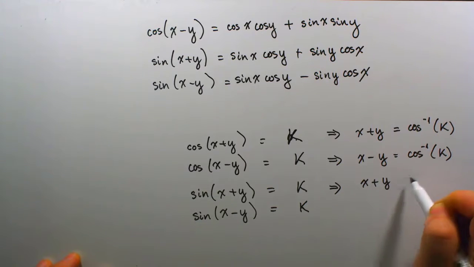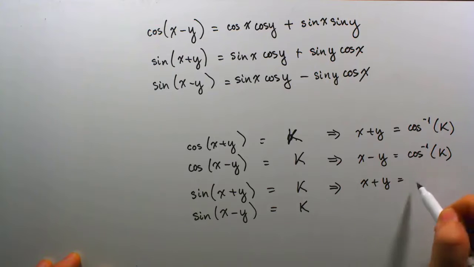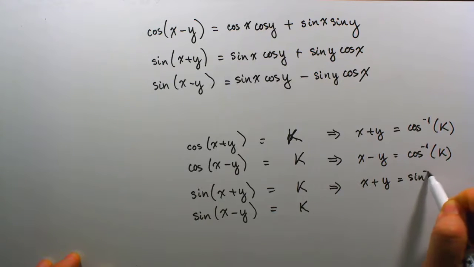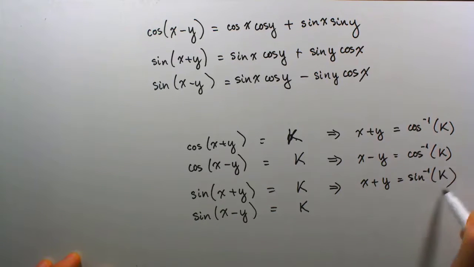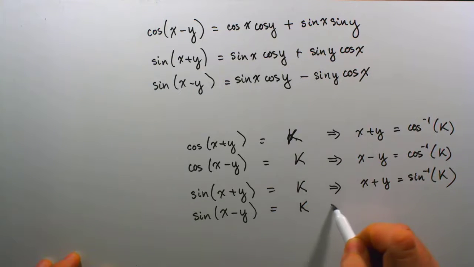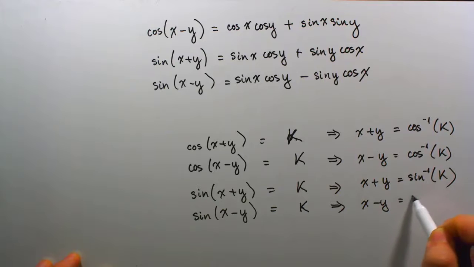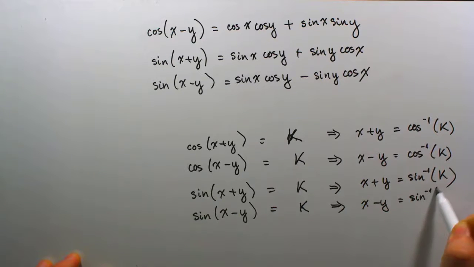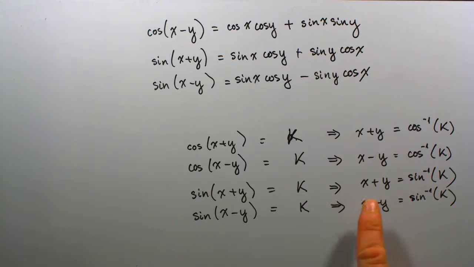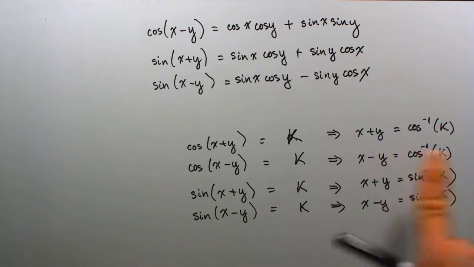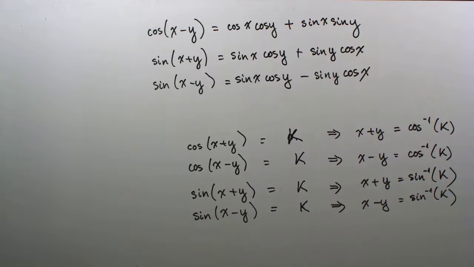So on my third line here, x plus y can be found by taking the sine inverse operation on the k value. And the same here, x minus y can be found as sine inverse of the value k. And then from there we can solve for one variable in terms of the other by simply adding or subtracting the other variable to the other side. And that is the generality of this kind of problem.